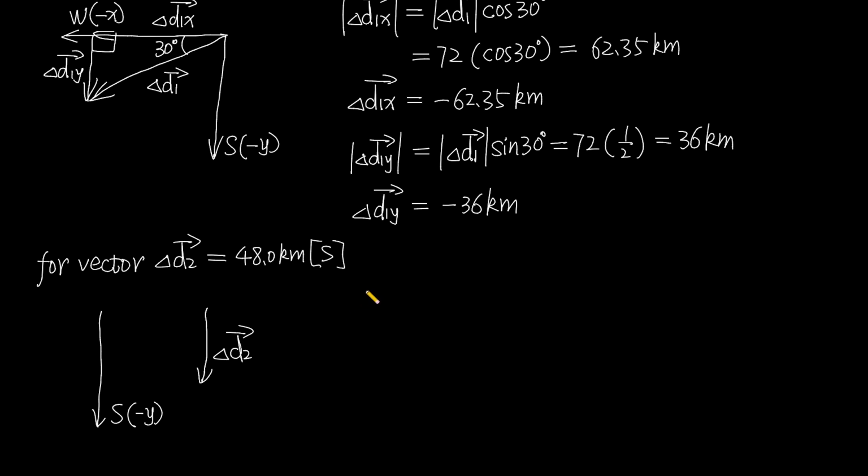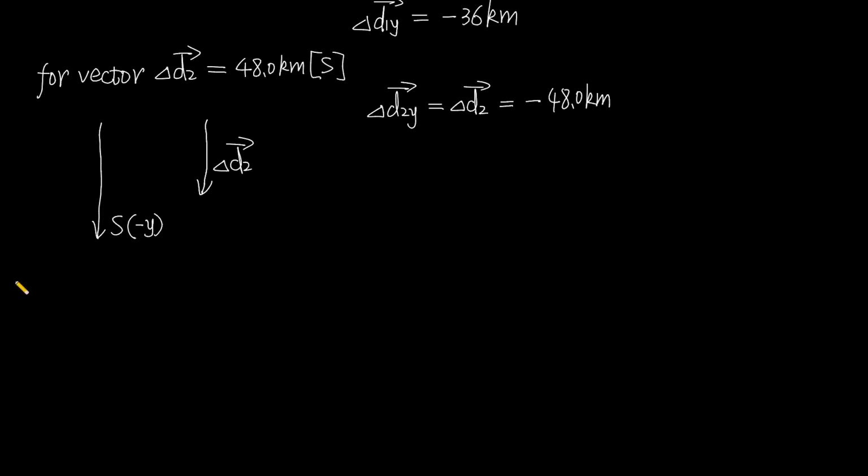So from the graph, we can know that the vector delta D2y just equals the vector delta D2 and equals negative 48.0 kilometers. It's because the vector delta D2 is parallel to the negative y direction, to the south direction. And the vector delta D2x is 0.